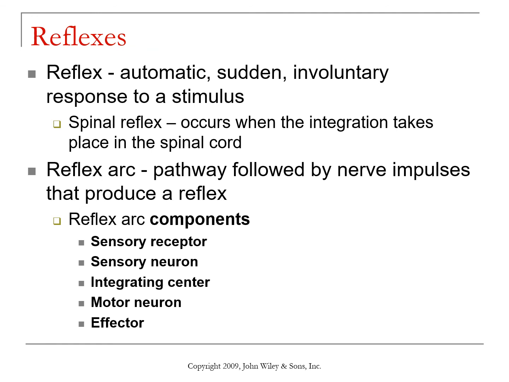Before we get to those larger motor tracts, we are first going to consider reflex pathways. Reflexes are automatic, very sudden and short pathways that provide involuntary responses to stimuli. There are both somatic and autonomic reflexes.